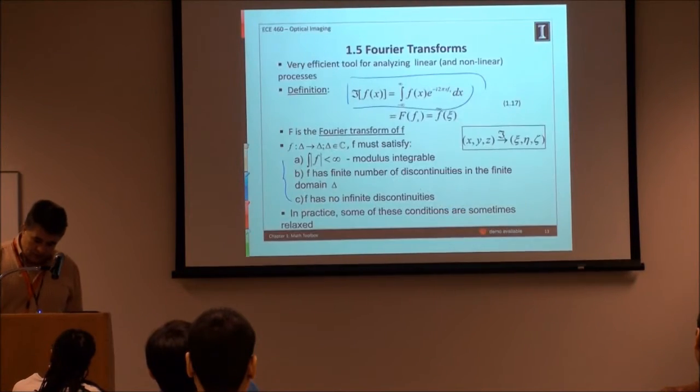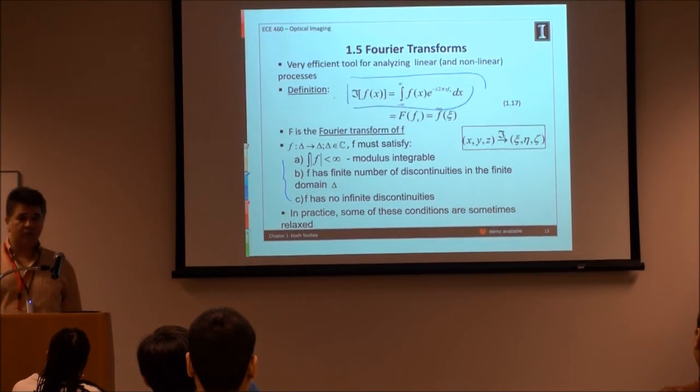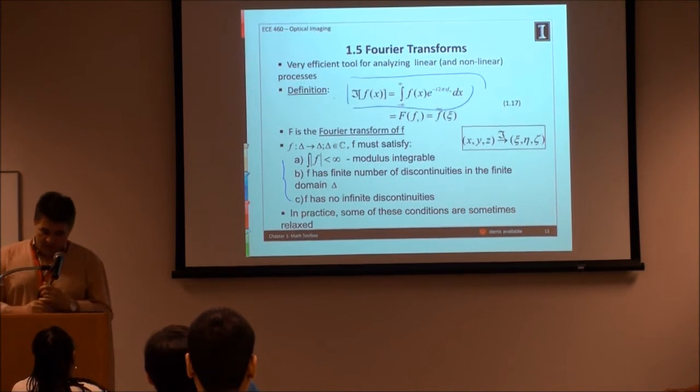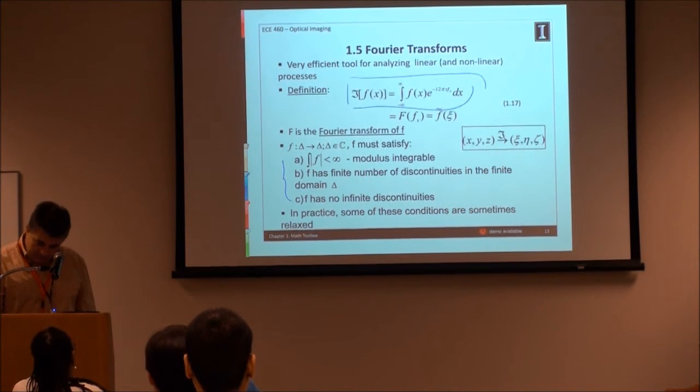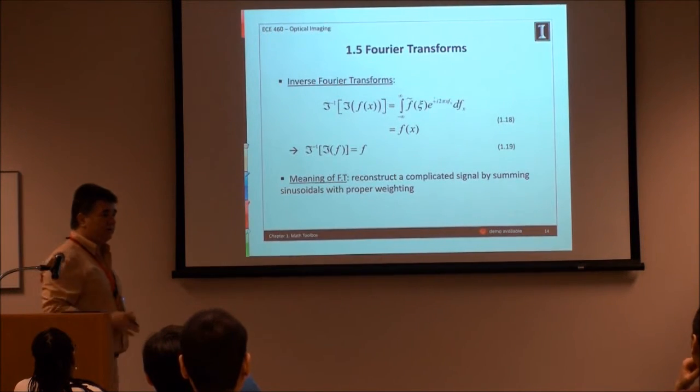So what I was asking you was, what happens if I take the Fourier transform twice? The inverse Fourier transform changes the sign here, right? So if I take the Fourier transform, I change the sign here to a plus. By the way, the plus and minus is a convention thing.